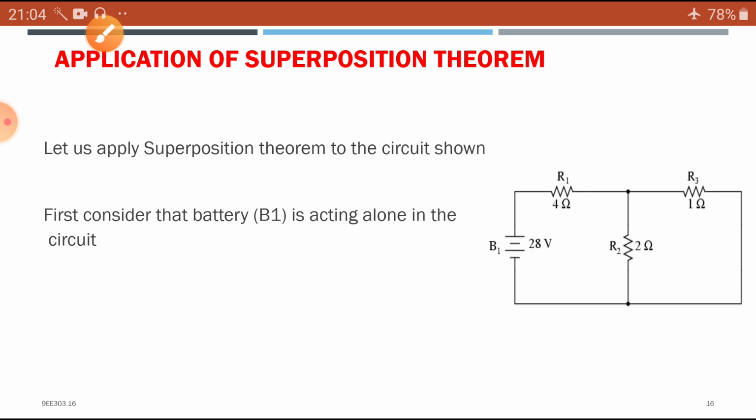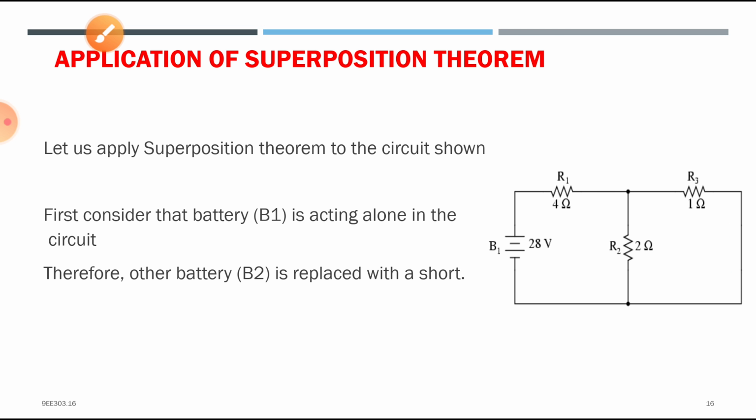So the other battery B2 is replaced with a short. Now, calculate the values. First calculate the total resistance, then find the total current from battery B1, then find the current in each branch.